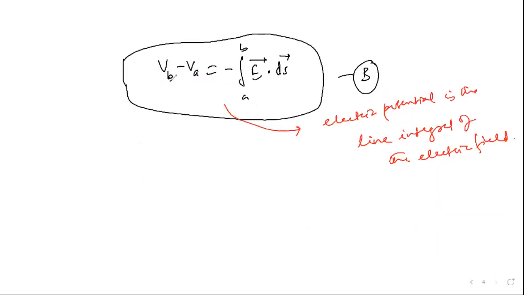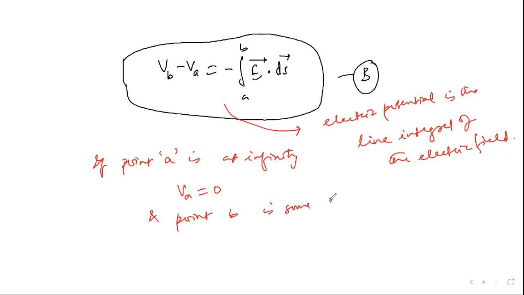Now sometimes in this equation, point A and point B both are within the field. Sometimes we take one point at infinity and the second point in the field. So if point A is at infinity, and VA, we know at infinite distance from the charges, potential is taken as 0, and point B is some general point P in the field.